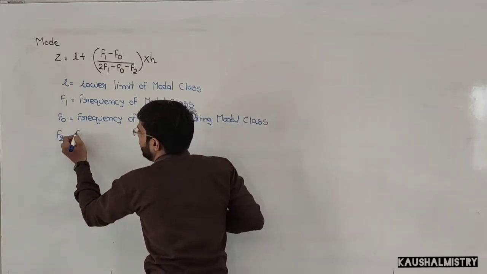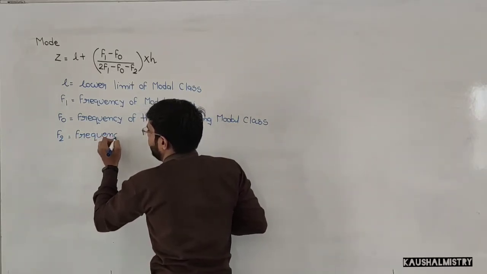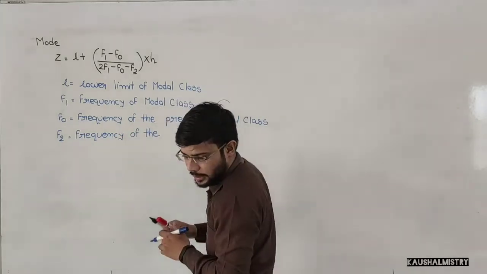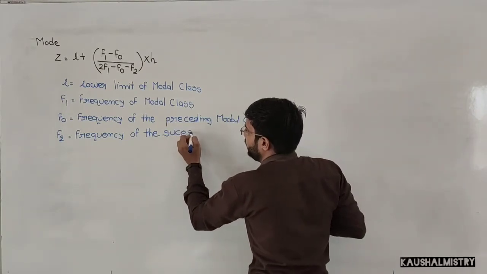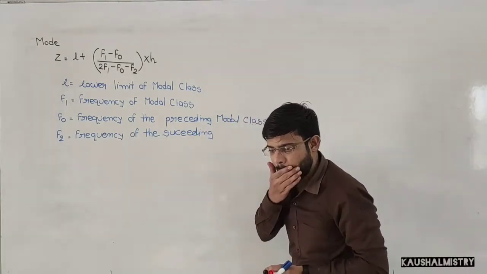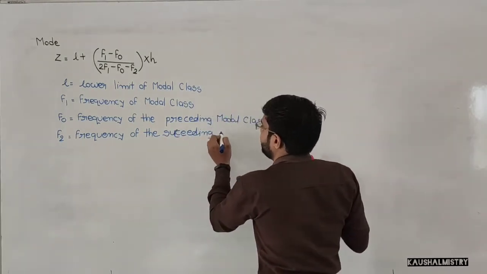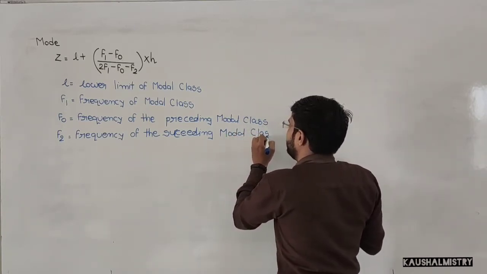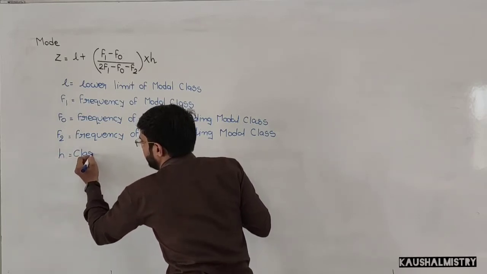F2 is equal to the frequency of the succeeding modal class. And we all know that H is the class length.